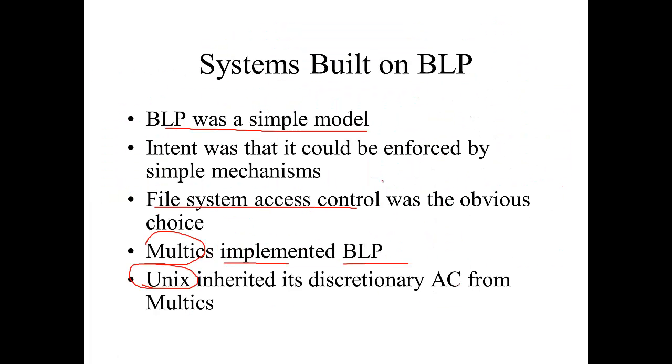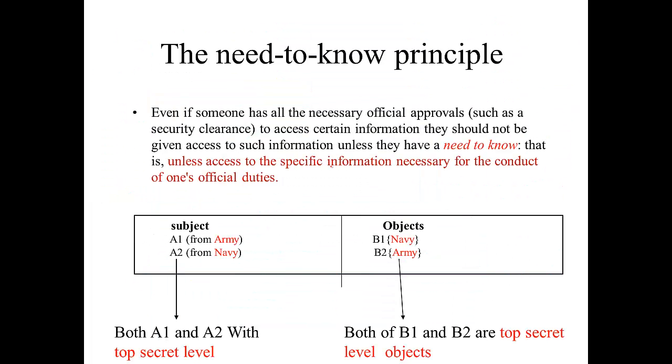So one question is, if you follow the two policies, can you always access the information you are not against the policy? In fact, for real applications, we also need to follow the need to know principle.